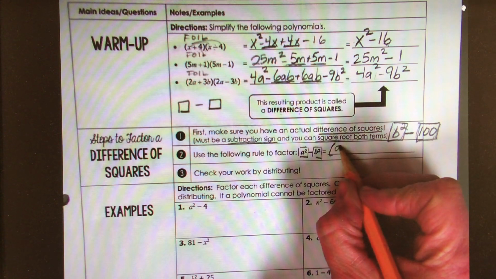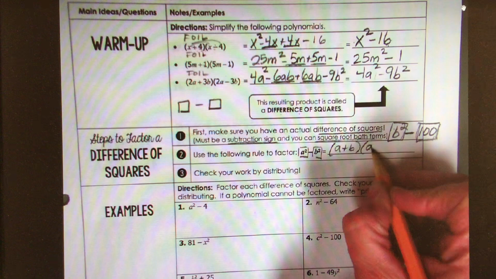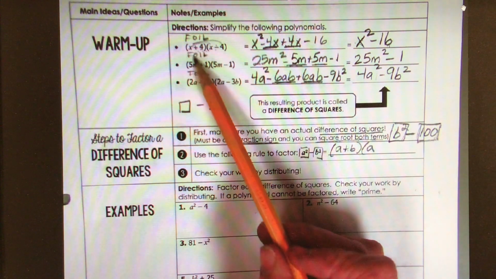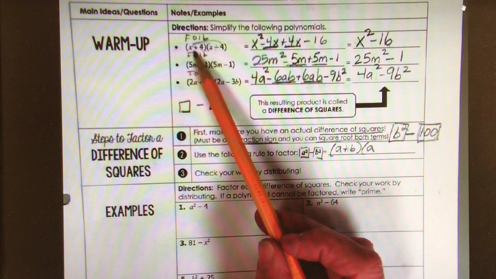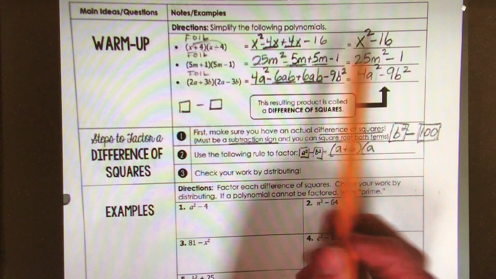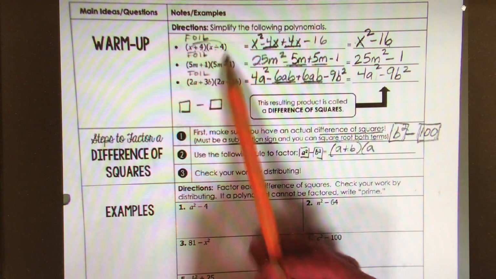How I get that, and you might notice this, a plus b. Well, if I look back up here for a minute, do you notice that my first binomial or factor, these are both factors of this product. Do you see I have an x plus 4 and I have an x minus 4?